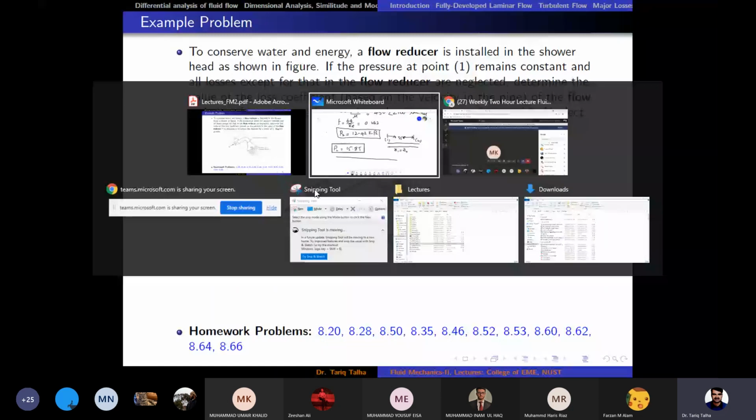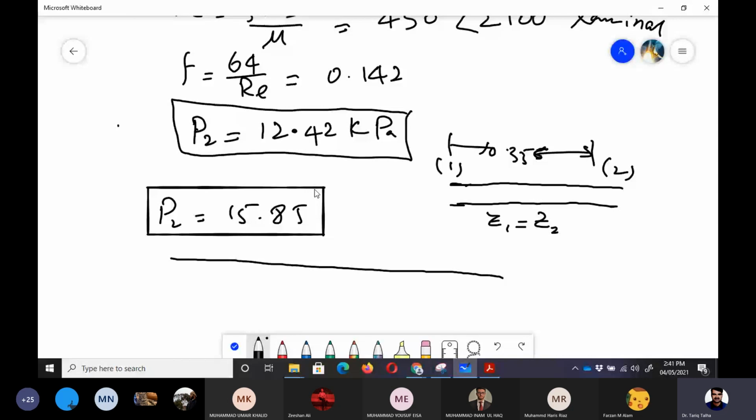First of all, let's assume the case when there is no flow reducer.